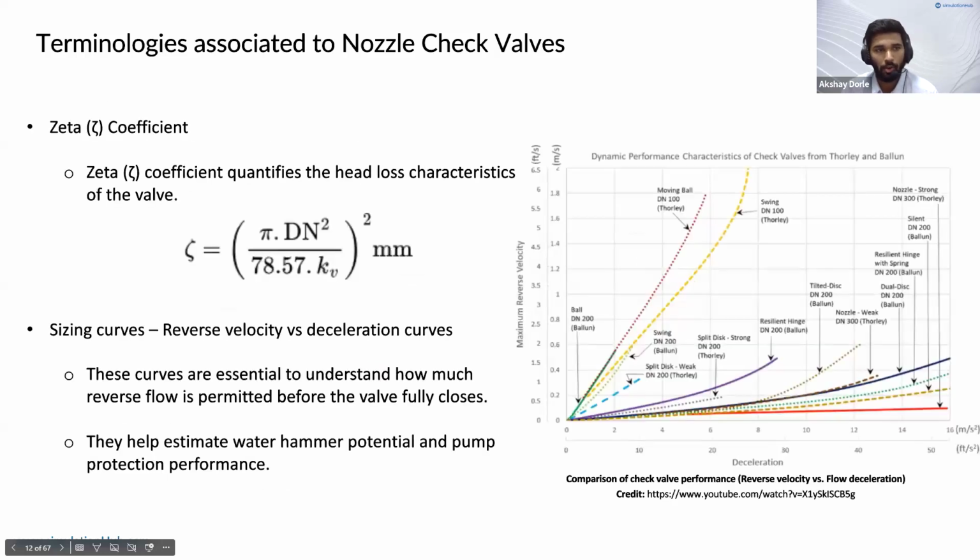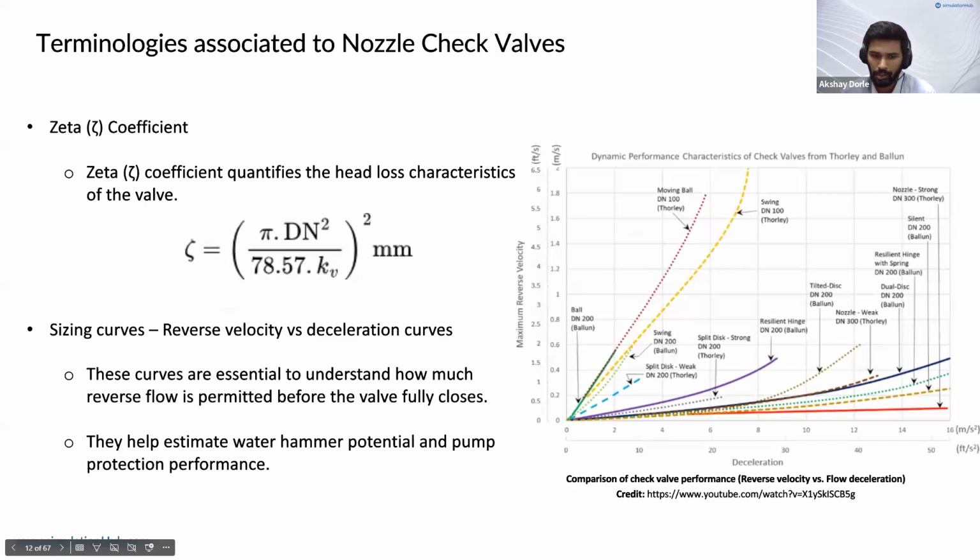there's a term called zeta coefficient. So zeta coefficient is essentially a pressure loss coefficient. You are quantifying your pressure losses for your valves, and it becomes essential when you're comparing different designs of the same nozzle check valve, or you're choosing different kinds of check valves. Zeta becomes a very essential parameter in choosing and sizing your valves.